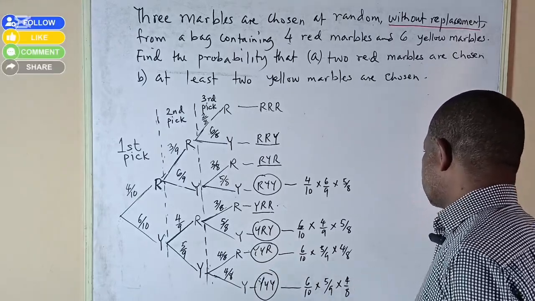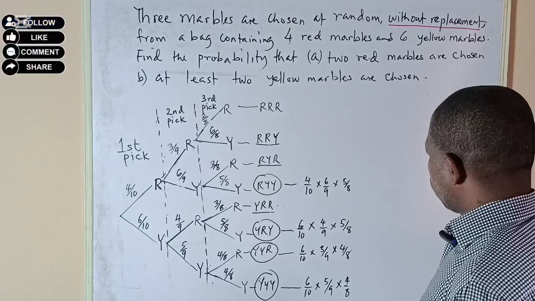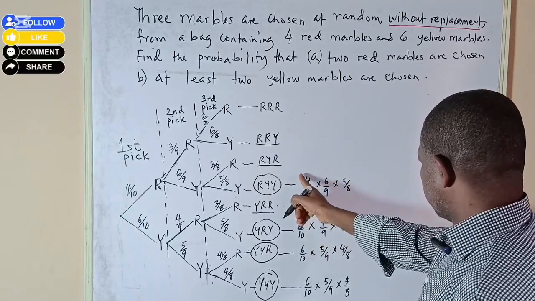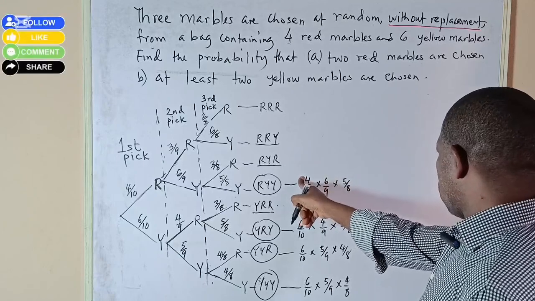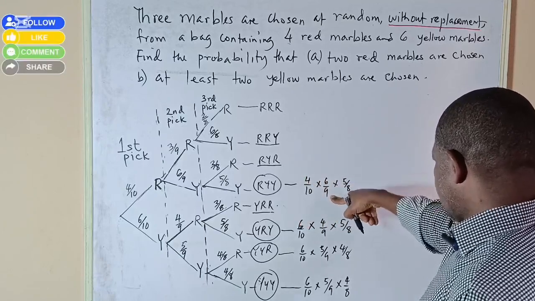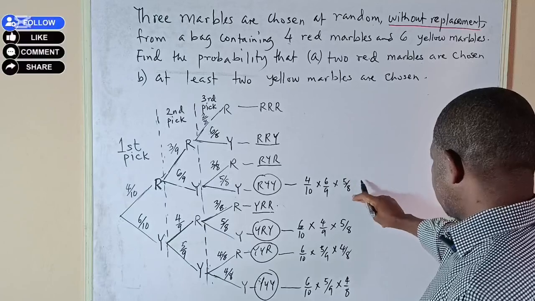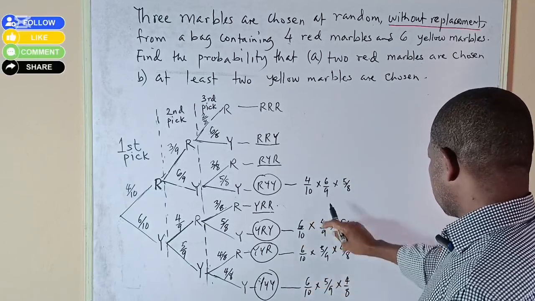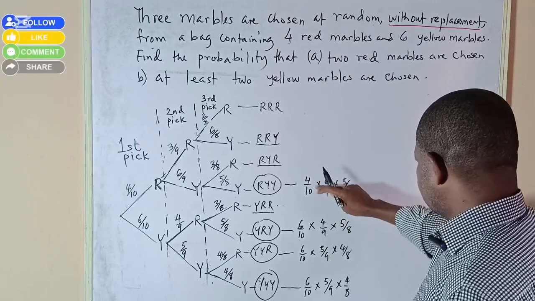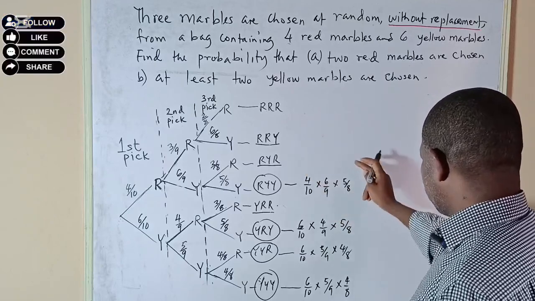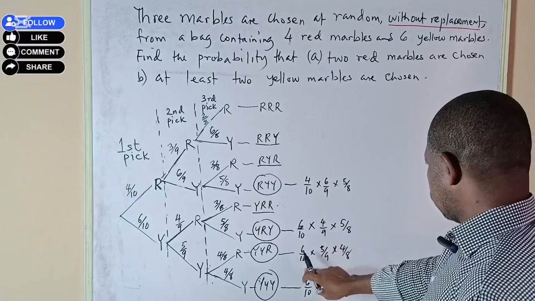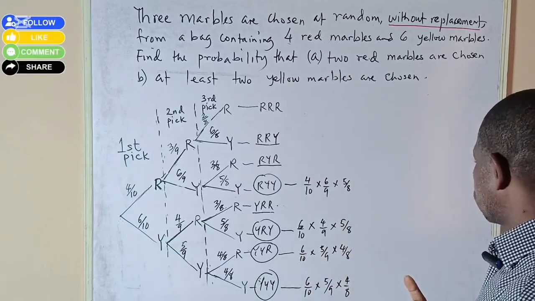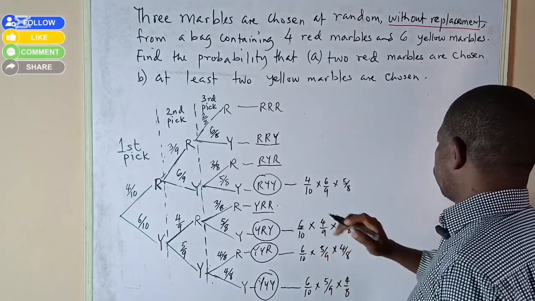Again, if we look at all of these fractions, we see 6/10, we see 4/9, and then we see 5/8. In all of them, 6/10, 4/9, just like we have here, and then 5/8. 6/10, and all of them like that. So it means if we solve one out, we have got the result for all of them.